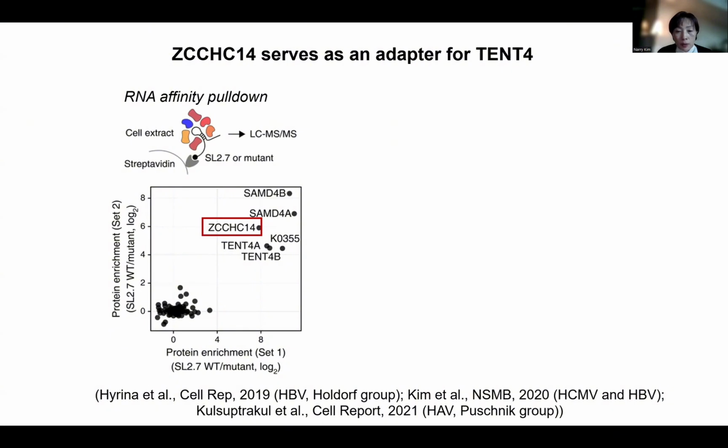Interestingly, the Novartis Hoelder group identified the same protein from a CRISPR knockout screen, to identify the genes involved in HBV replication. And the Pischnick group also performed the CRISPR knockout screen on hepatitis A virus, and they also identified ZCCHC14 as a host factor.